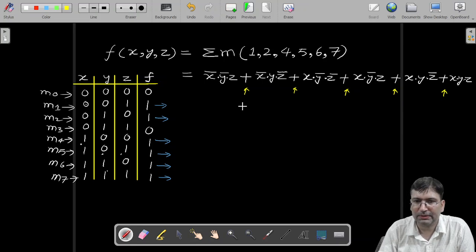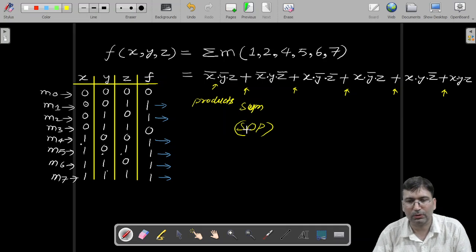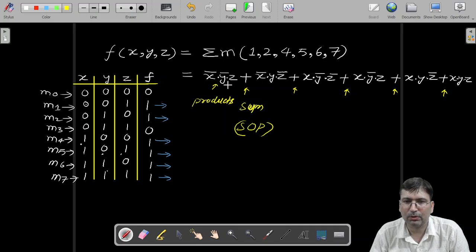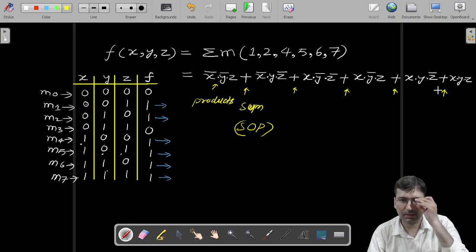So we call it sum of product, SOP form. Although there is no actual sum and product, the OR operator looks like sum and the dot operator looks like product. So this we consider as sum of product, right?